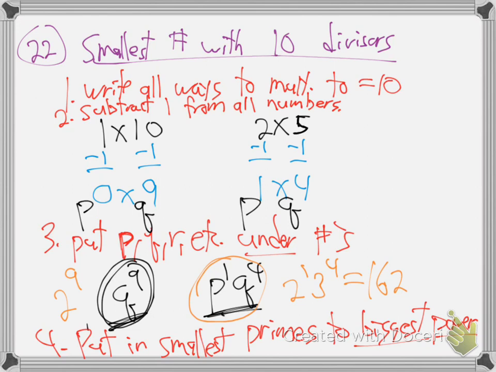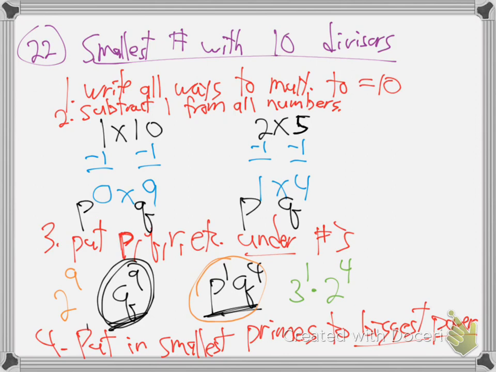Switch them? Yeah, it'd be better to make the Q be the 2. Absolutely, you want to swap them, because that way it'd be the number 162. It's way better to put the 2 to the 4th power and the 3 to the 1st. You put the smallest prime, the 2, to the biggest power.